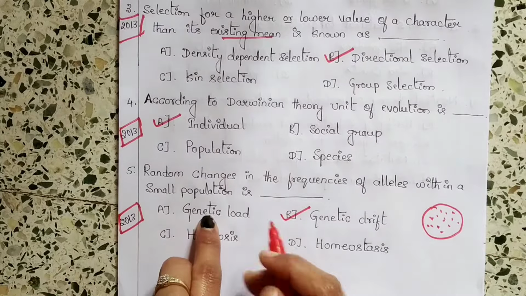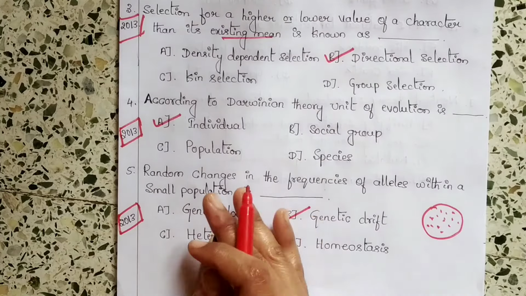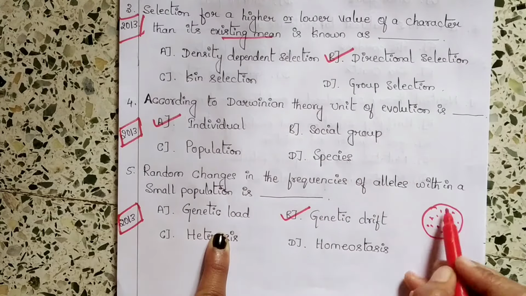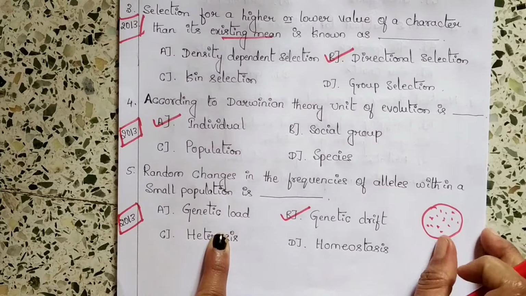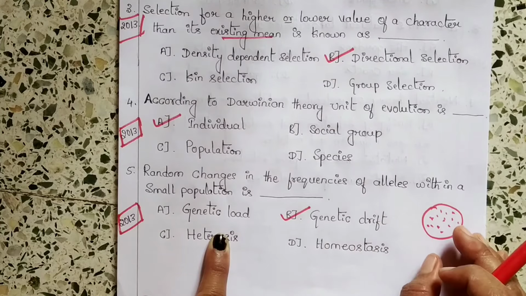Let us know what genetic load is here. Genetic load means the decrease in the fitness of the average individual in a population relative to the fitness of the genotype, due to the presence of deleterious genes in the gene pool.